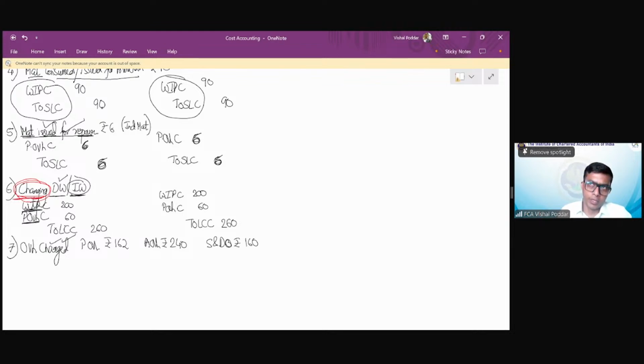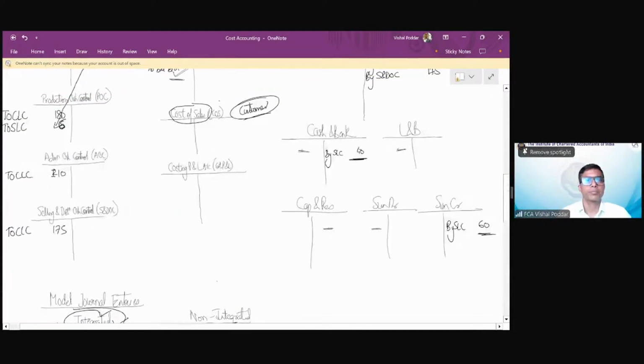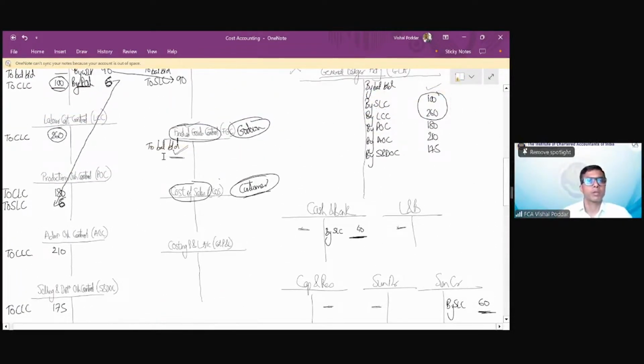Because we do not require the assets and liabilities account here also. So postings: from here, direct wages we will charge to LCC, and indirect wages we will transfer to overheads.